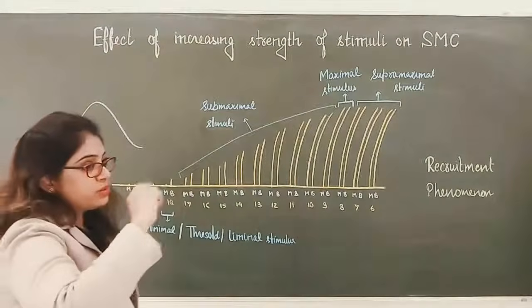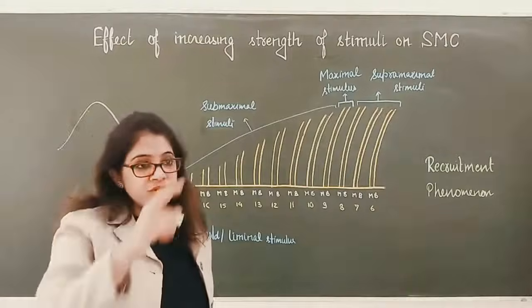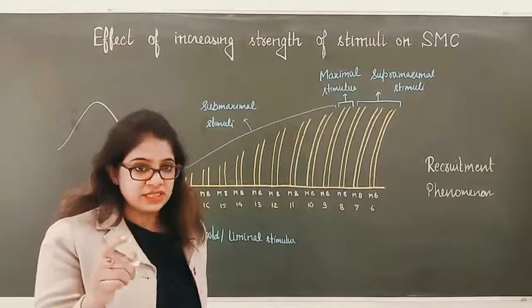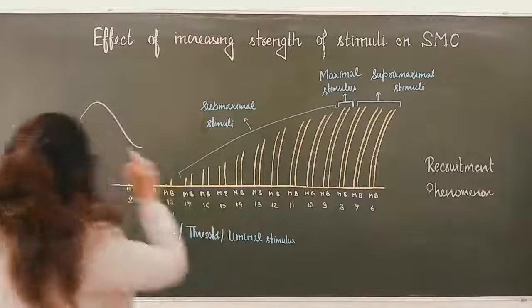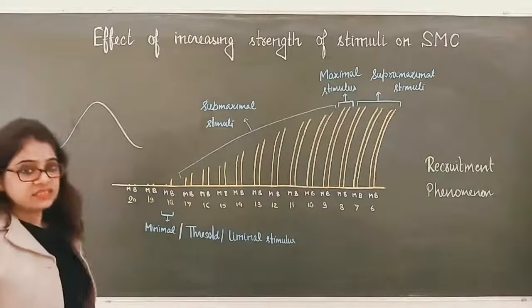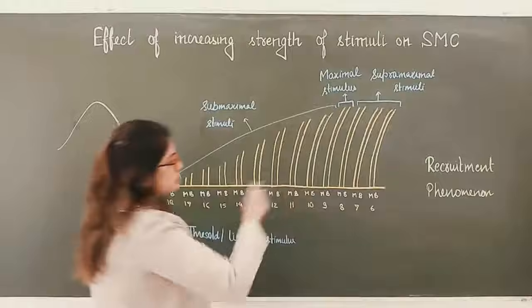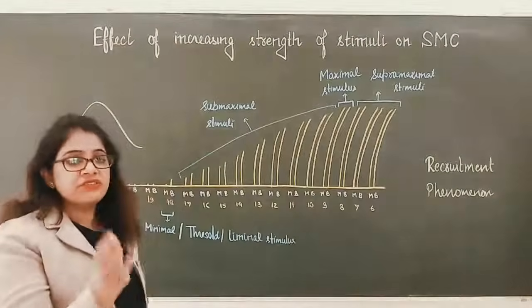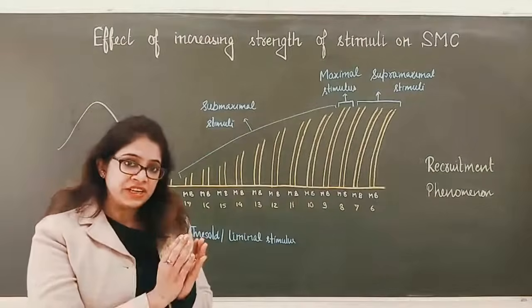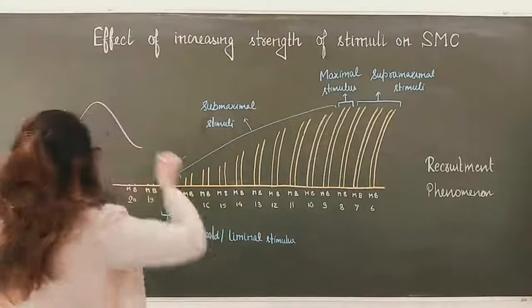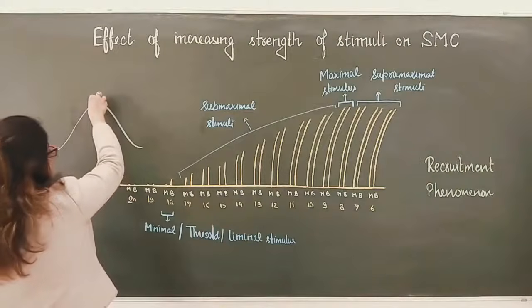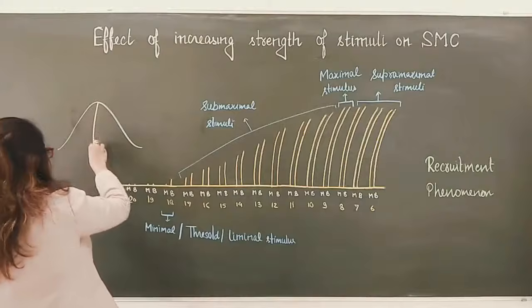See, suppose we are making a graph on any curved surface, and that curved surface is moving, then only we can get a graph like this. So these graphs we are making on a curved surface, but that is stationary. So we are doing this practical on a stationary drum. Suppose if we draw a perpendicular on this, it will be like this.